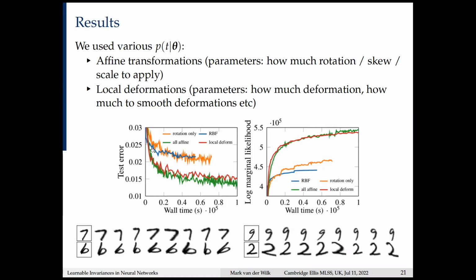For normal MNIST, where you don't want to be fully rotationally invariant, we learned to get only small perturbations: small translations, small scales, small rotations of the input digits. And these are basically the types of transformations that people have found by manually tuning data augmentations as well. But we could learn these parameters through backpropagation.